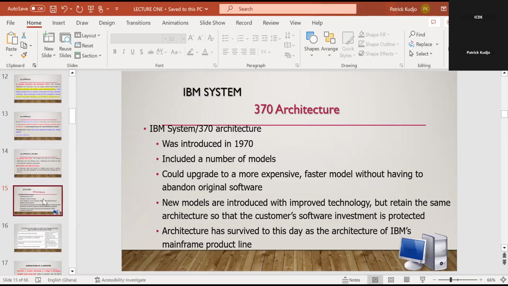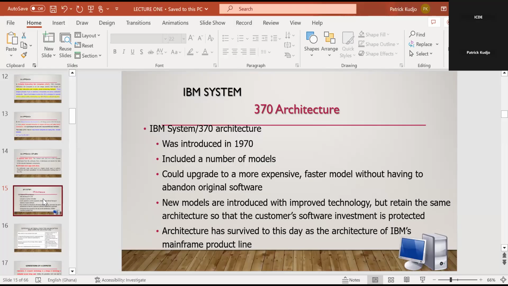So these are some architectures when it comes to computers. The first one we can talk about is the IBM System/370 architecture, which was introduced in 1970. It included a number of models.